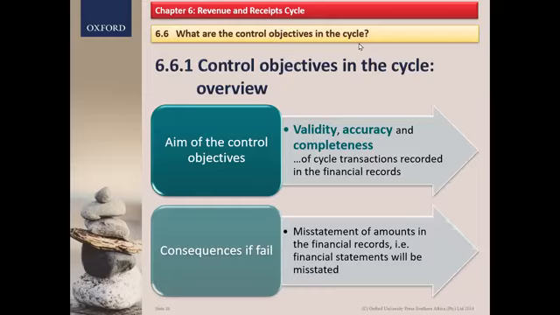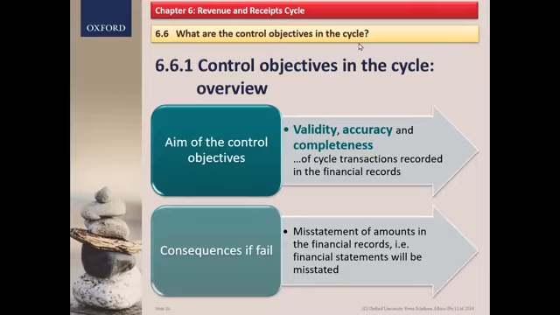Let's quickly look at the control objectives in the cycle, just an overview. The control objectives aim to ensure that transactions entered in the system are valid, accurate, and complete. When these control objectives are not met, there will be misstatement of amounts in the financial recording; the financial statements will be materially misstated.